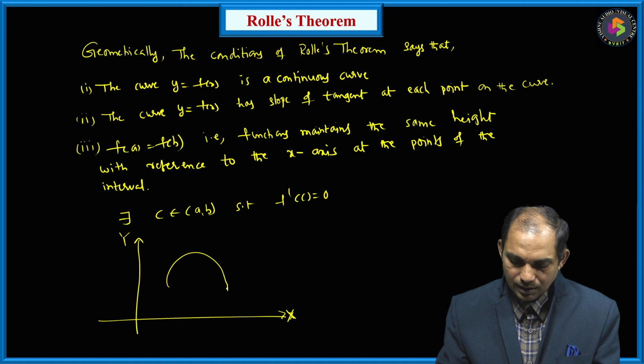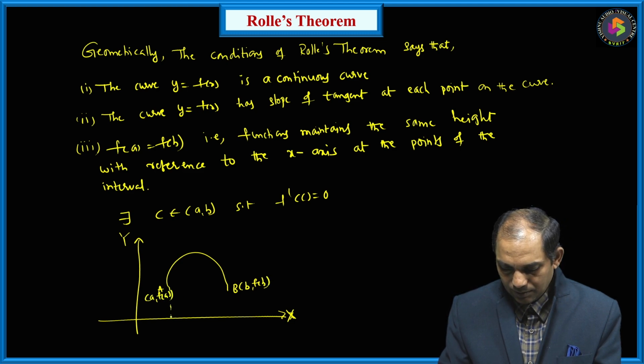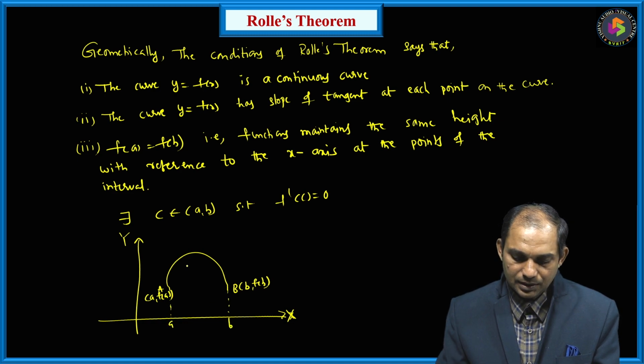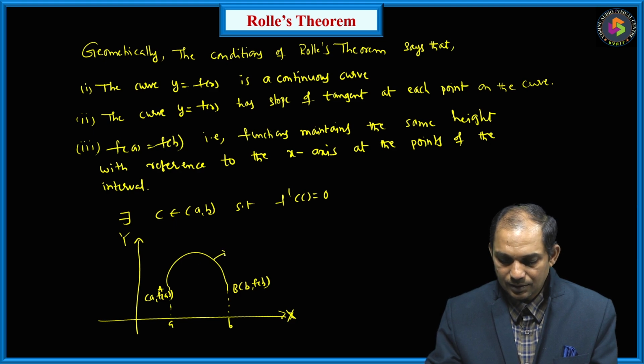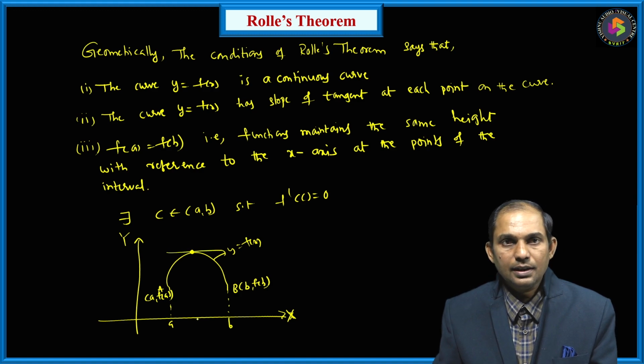Let us assume that the curve is like this, and this point is the left hand point, capital A, and this is capital B, B comma f of B, and this is A comma f of A, and this is the point corresponding to A, and this is the point corresponding to B. If this curve is continuous and is given by y is equal to f of x, and satisfies all the conditions of Rolle's theorem, then Rolle's theorem says that between A and B there is at least one point here where the slope of tangent is parallel to the x-axis.